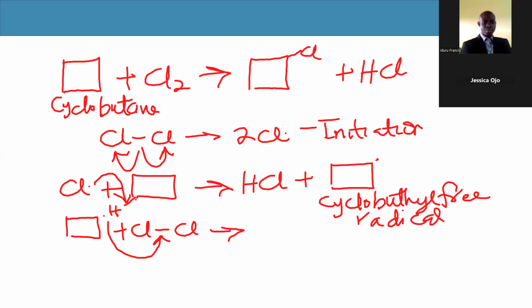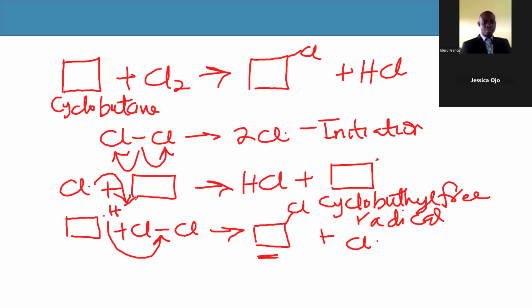You get the same thing, the rectangle with a Cl, plus Cl dot. What do you call this one? Cyclochlorobutane. Cyclochlorobutyl. Okay, that's correct.